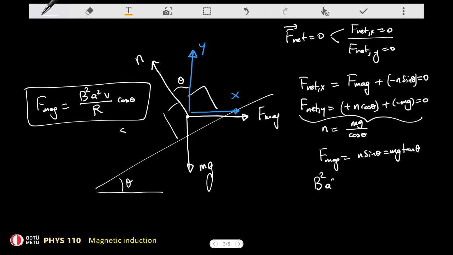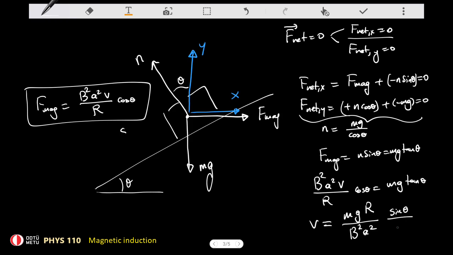So therefore B squared A squared v over R cosine theta is equal to mg tangent theta, which means the speed is, let me write it down like this, mgR divided by B squared A squared, times sine theta divided by cosine squared theta.